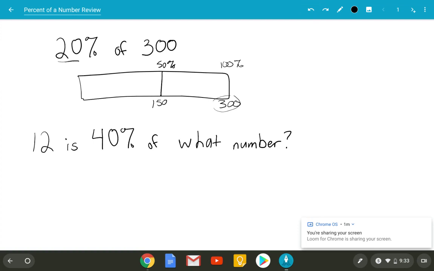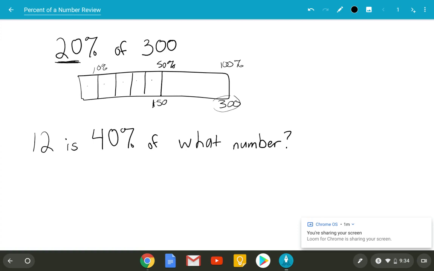If we're trying to find what 20% is, it might be easier if we could find what 10% would be, because if we knew what 10% of 300 was, we could easily add 2 of those together and make 20%. So if we divided this 50% into 5 equal pieces, we could take that 150 and divide it into 5 equal pieces as well.